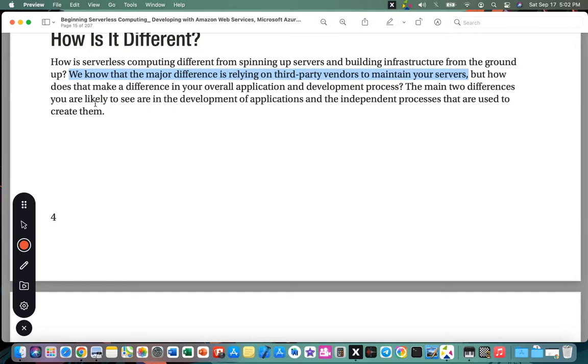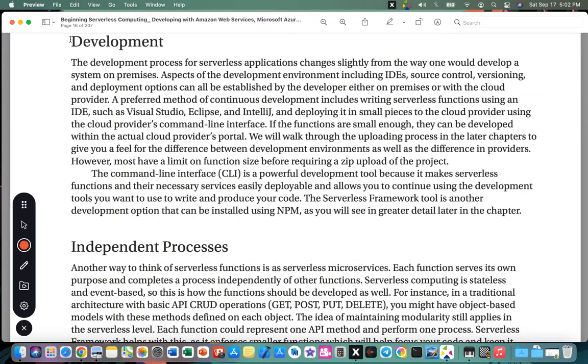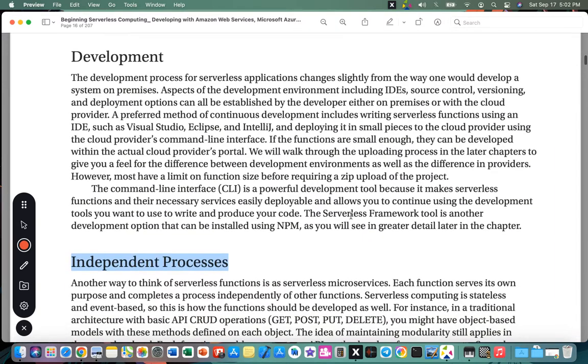The main two differences you are likely to see are in the development of applications and independent processes that are used to create them. So development and independent processes. All right.